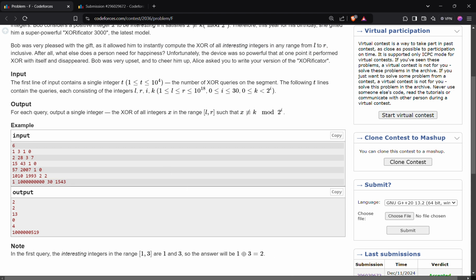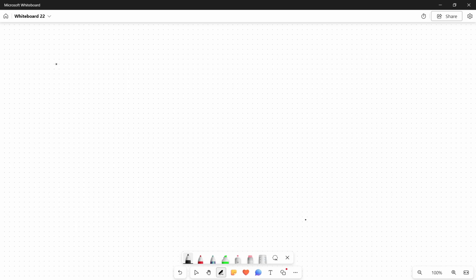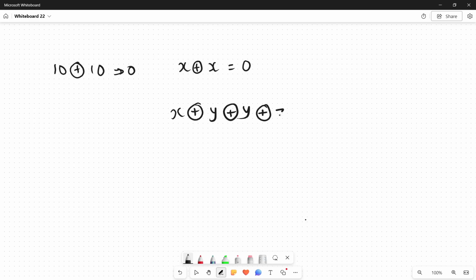Basically it is saying that, as we all know, 10 XOR 10 will always be 0, or you can say x XOR x will always be 0, because XOR is a self-inverse operation, right? So if we do x XOR y XOR y XOR z, then this should give you x XOR z. The two y's get cancelled because it is a self-inverse operation. So this is one of the hints from the question.